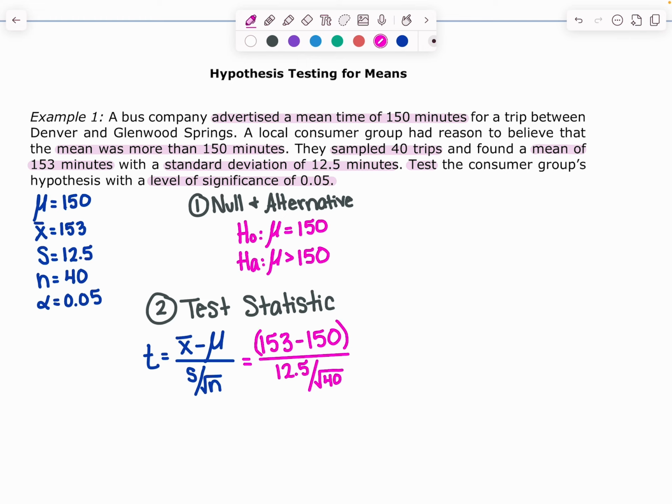If I put the top and the bottom in parentheses, I can type this all at once in my calculator without having to break it up into separate pieces. That way I get the most accurate answer without having to worry about rounding. So 1.518.